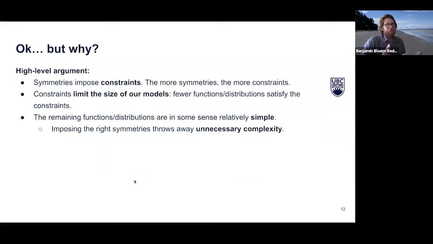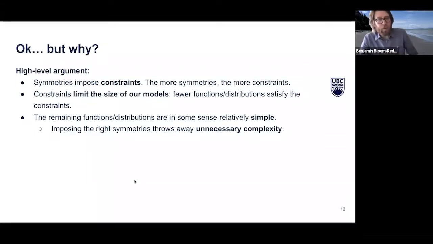Imposing these symmetry constraints actually limits the size of our models. There are lots of distributions that don't satisfy those constraints, so we can't use them in our model. And likewise, if we're using a neural network, and thinking about the class of functions that we might be representing with that neural network, fewer functions actually satisfy these symmetry constraints.